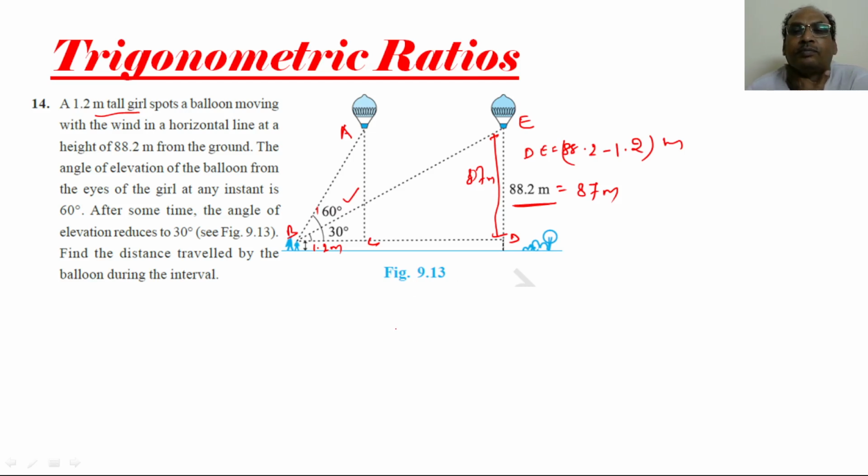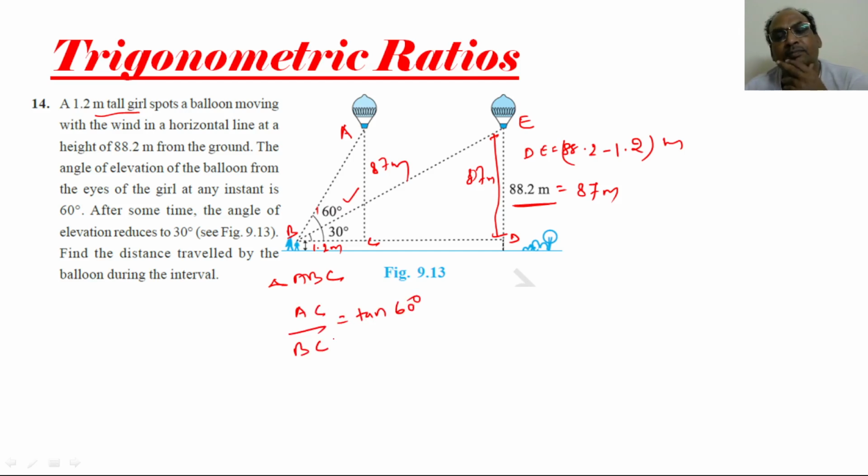Okay. So same way we will take it. This is also 87 meter. So in triangle ABC, again AC by BC is equal to tan 60 degree. Further AC is equal to BC into tan 60 degree, which is root 3. BC we do not know, but AC we know.